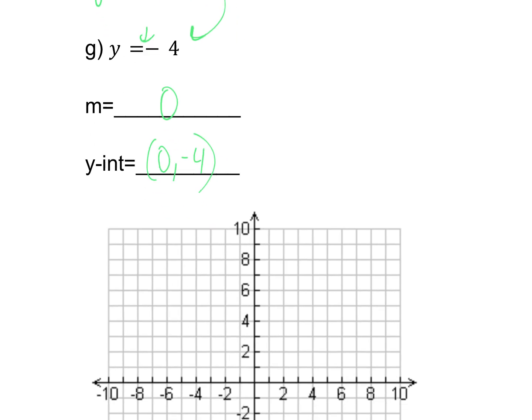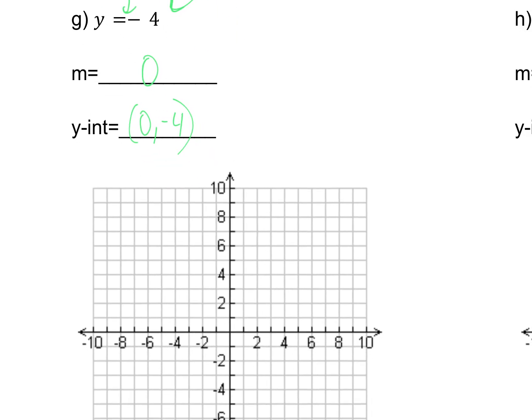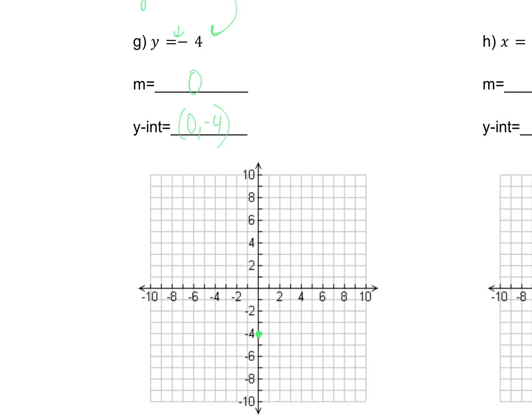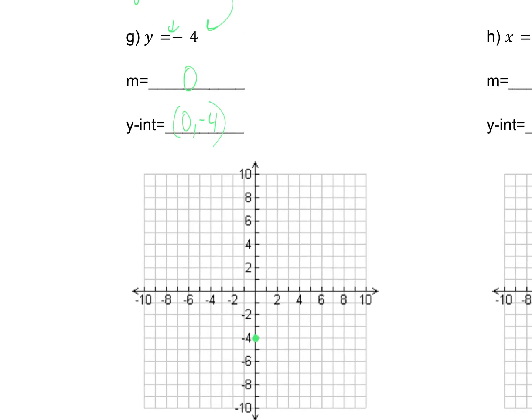Okay, so 0, -4, let's start there. And we have a slope of 0. So you may remember from the first lesson of this unit, 4.1, where I was talking about 0 slope, and that's going to be the horizontal line. Another way you can think of it is this is going to be, it's still a whole number, 0 over 1.